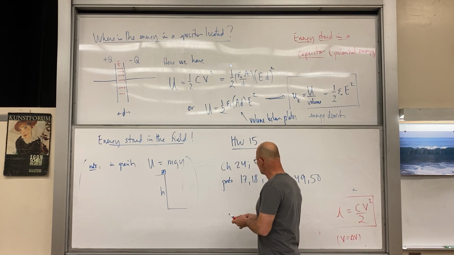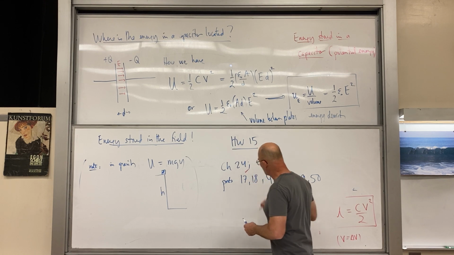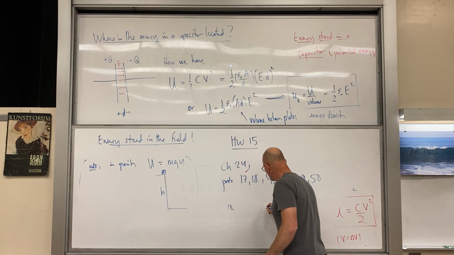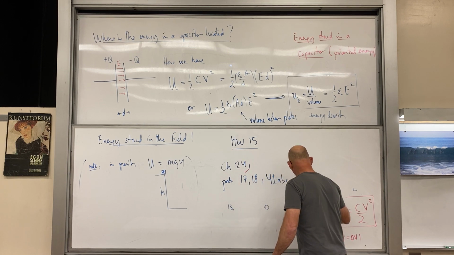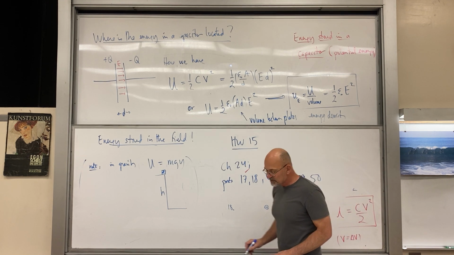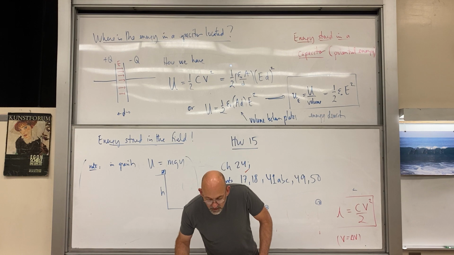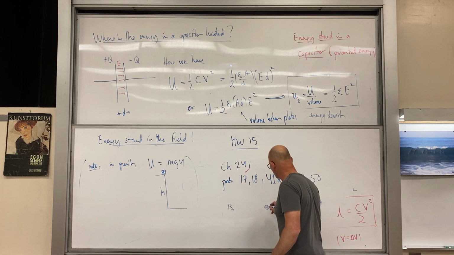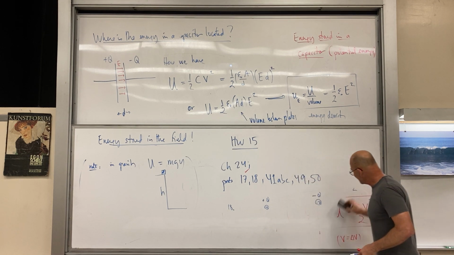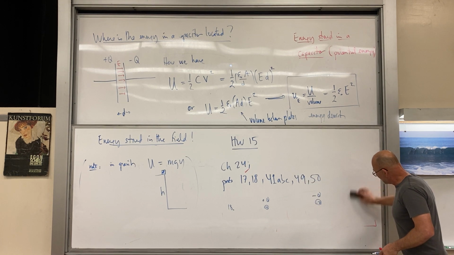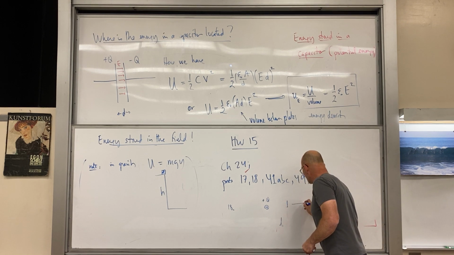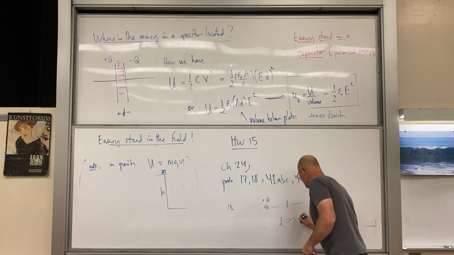For 18, we're talking about a couple of spheres that are separated. Now I think we have spheres of radius r, plus q and minus q. But here the idea is that the separation distance, which I'll call L, is much greater than the radius.